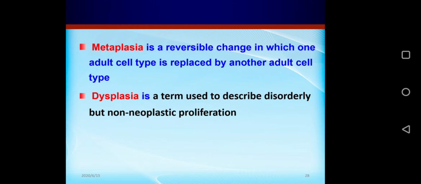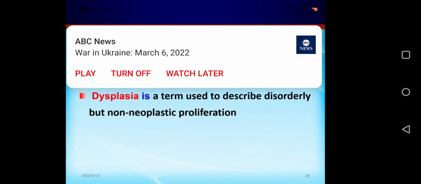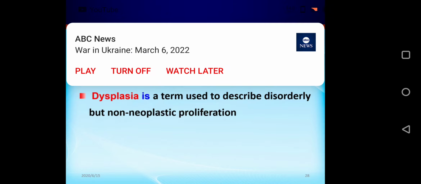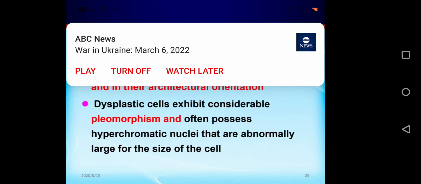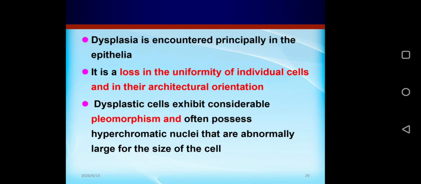The last term, dysplasia. Dysplasia is a term used to describe disorderly but non-neoplastic proliferation. It occurs in the epithelium. There is a loss in the uniformity of individual cells and in their architectural orientation. Dysplastic cells exhibit considerable pleomorphism and often possess hyperchromatic nuclei that are abnormally large for the size of the cell.